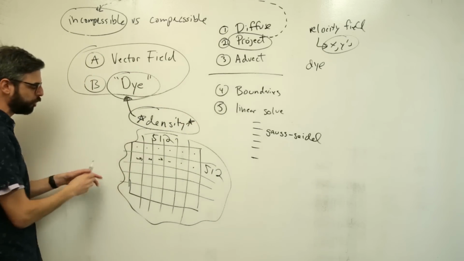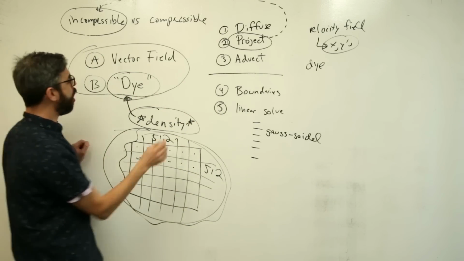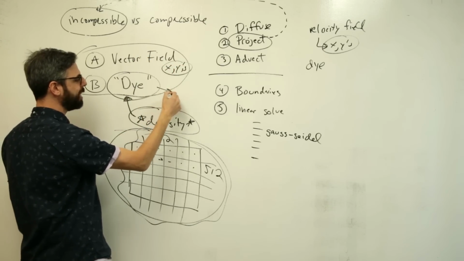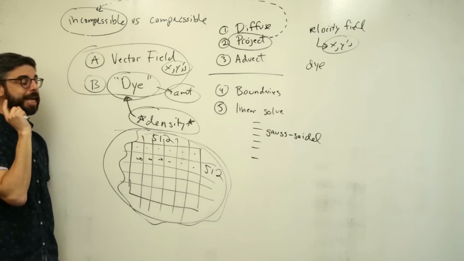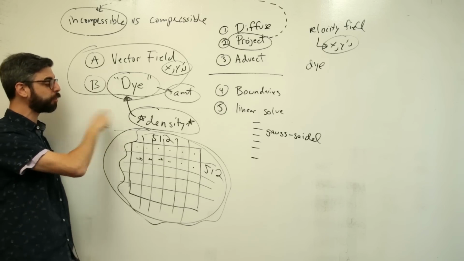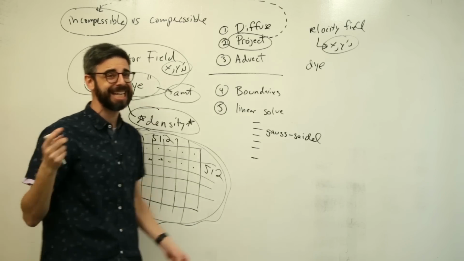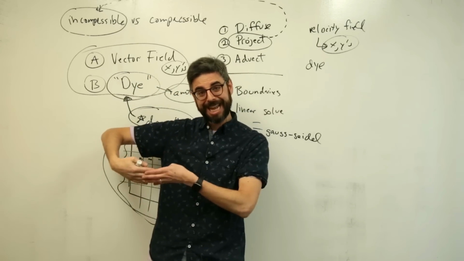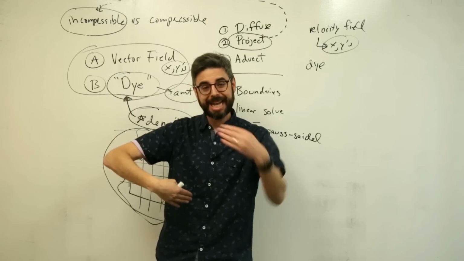So the first thing I need to do is get an array to store all of the x's and y's of the vector field and the amount of dye for every single one of these spots. In the example, it's done with three separate arrays: an array of x's, an array of y's, and an array of densities. It kind of works like a cellular automata simulation where I need the previous state and the next state, the previous and next velocity, the previous and next density.